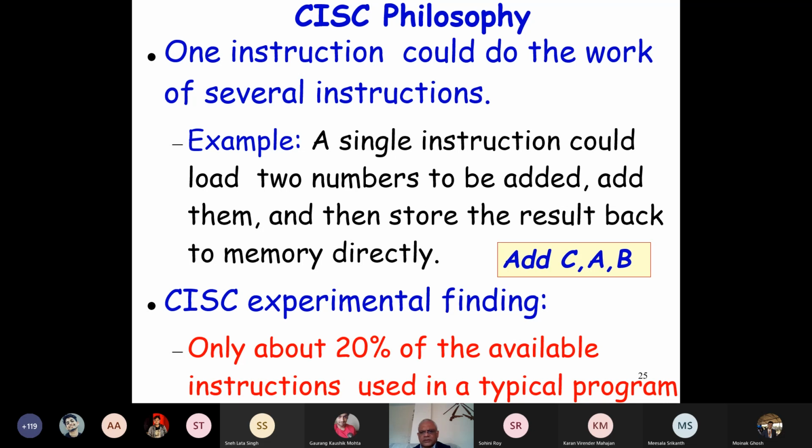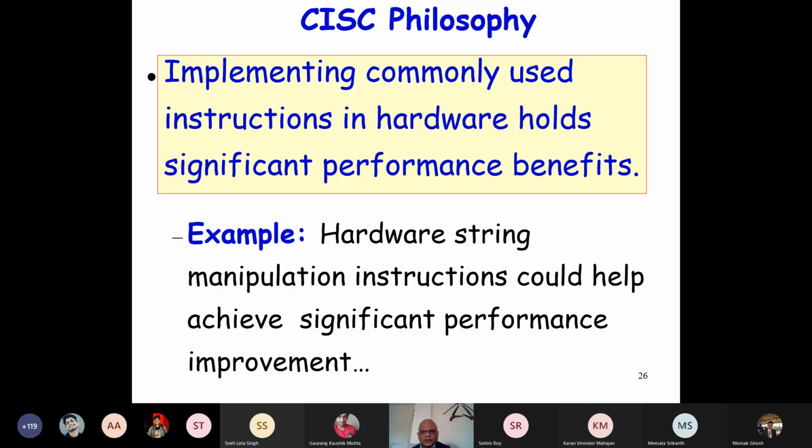The others are not used at all. They are used in some very odd programs. So the main philosophy was that implementing commonly used instructions in hardware holds a performance benefit. Hardware string manipulation will be much faster than writing code and comparing character by character to find the string comparison.